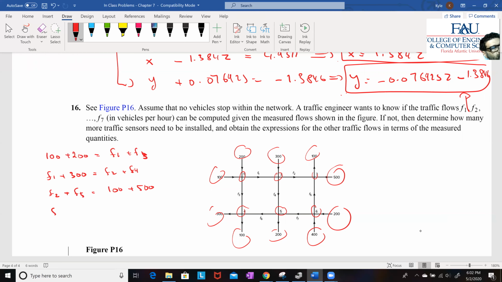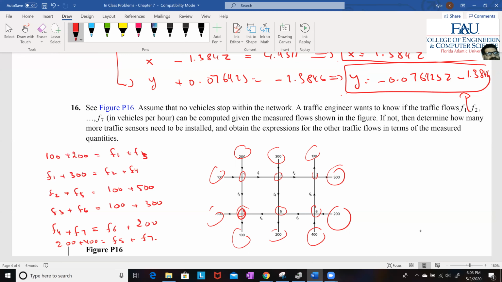Fourth node: F3, F6 leaving, 100 plus 300. Okay, so we are here right now. And now F5: F4 is coming, F7, F6, and also 200. And finally, the last node is 200 plus 400 equals F5.